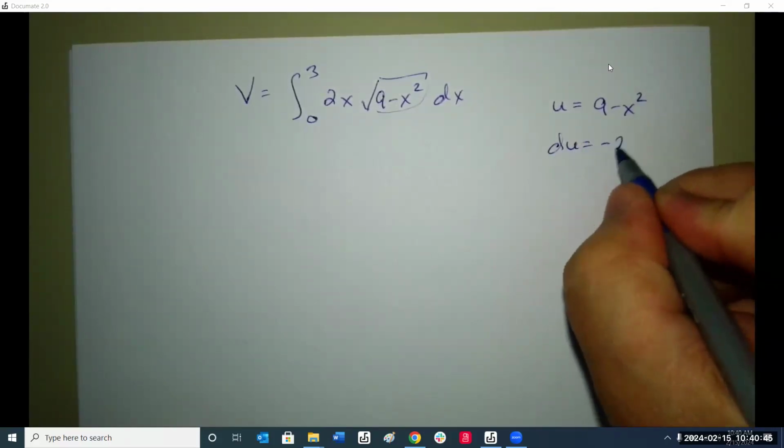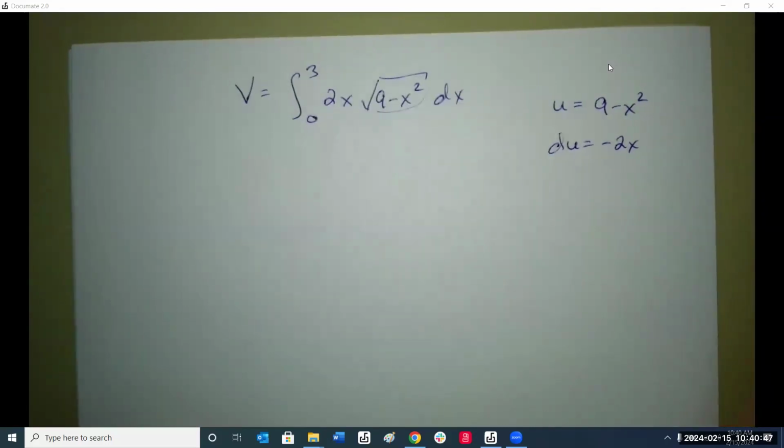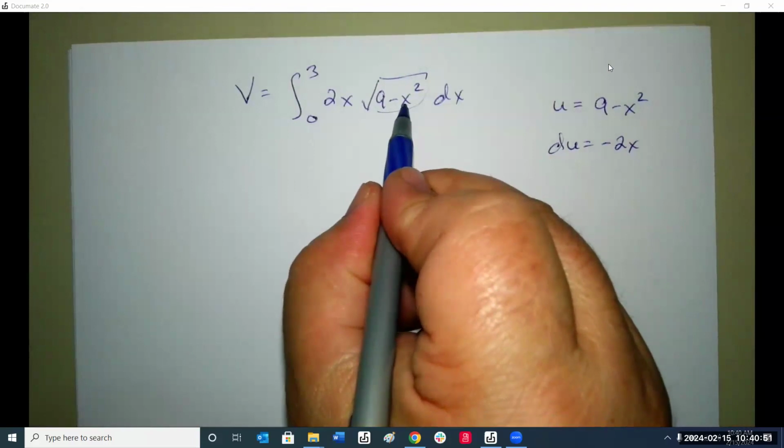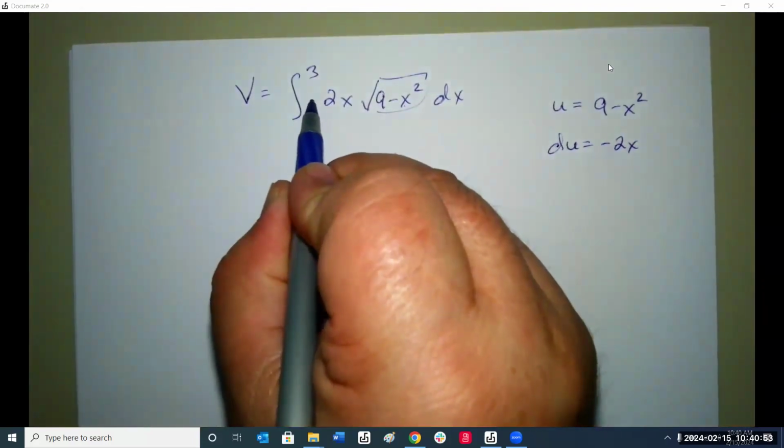Du would be negative 2x, the derivative of that. So we need a negative.